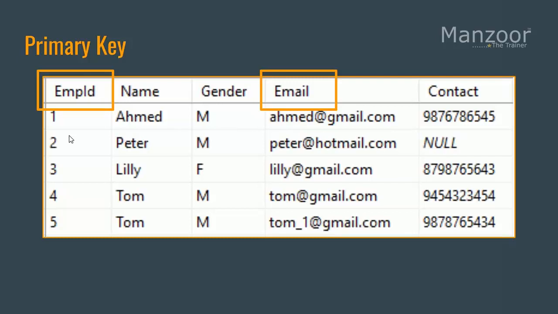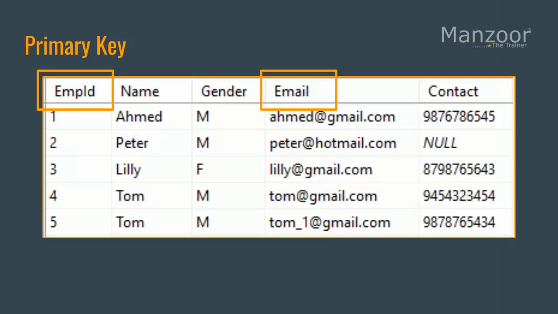And the second rule, my employee ID cannot be null. I cannot say that this is an employee of my organization and it does not have any employee ID. When a candidate joins an organization, the first thing that they get is an employee ID. So the 2 rules to remember about primary key: it cannot be null, and its values cannot be repeated, or we cannot have duplicate values.